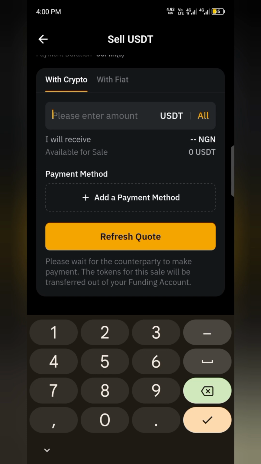Now when you have filled in the details of your bank, your name, and whatever, you confirm. Then you tap on the sell button. For example, that we want to sell, you'd have seen everything I'm saying right about now.